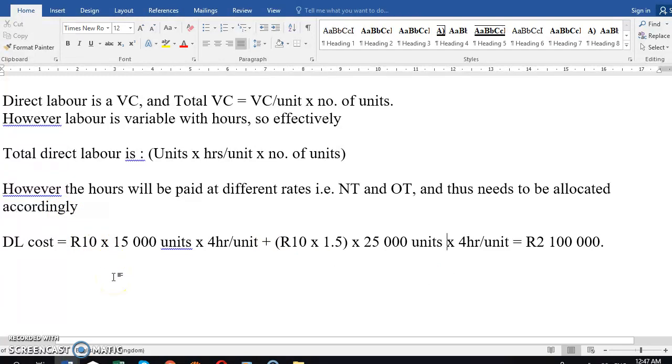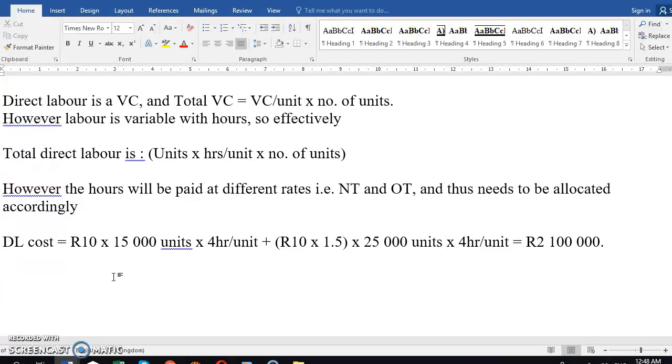And effectively, it fulfills the principle that labor is a variable cost which varies with units, and in this case every unit has a certain amount of hours. The hours are just split between overtime hours and normal time hours, and then we apply the appropriate rates, and we got the total labor cost of 2.1 million.